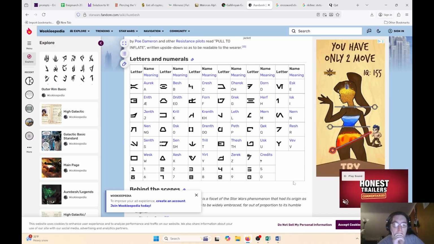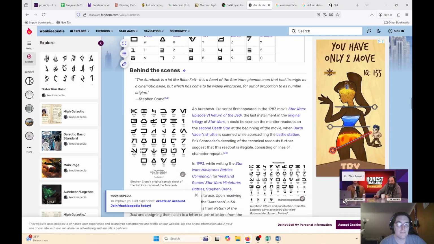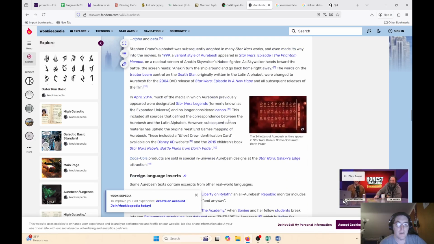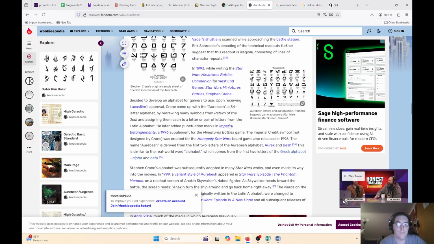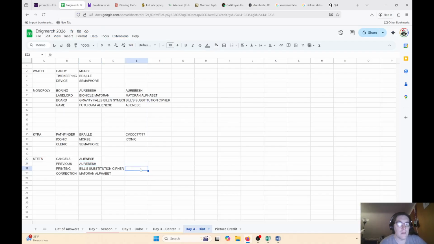No TH, no US, SH, OO, no. Darn. I was really hoping that we'd use one of the ones like NG or something on previous. So Bill's substitution cipher has started with a P.